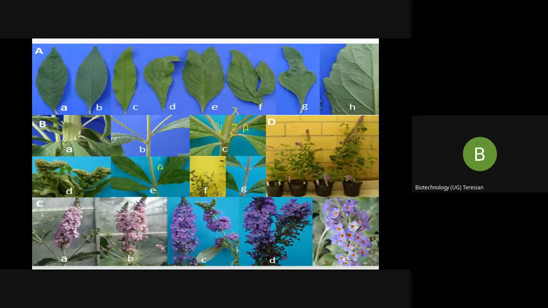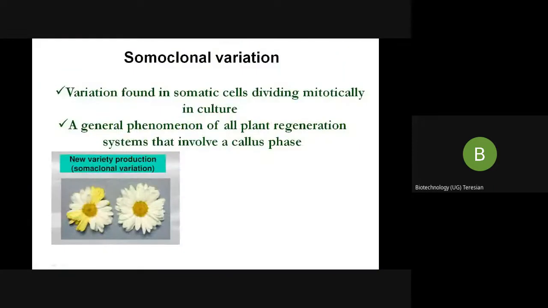So when you're using cells or callus in in vitro culturing, which are somatic cells, there occurs an uncontrolled variation during the callus regeneration. So cells in tissue culture undergo frequent genetic changes, and these get expressed in the form of biochemical and molecular level changes.